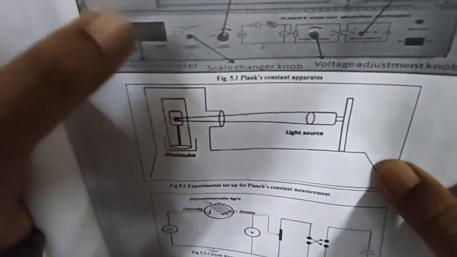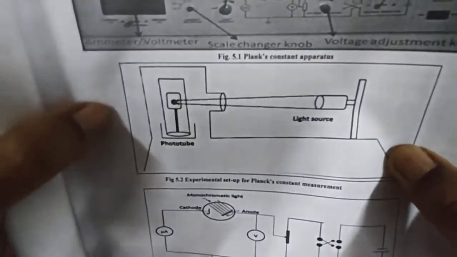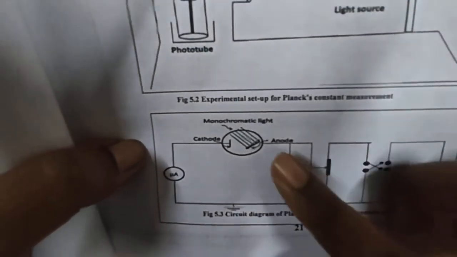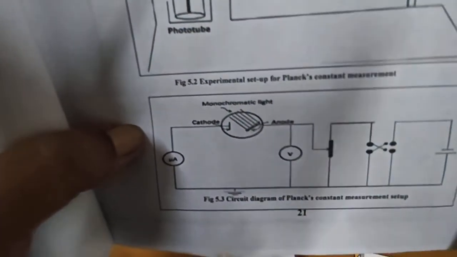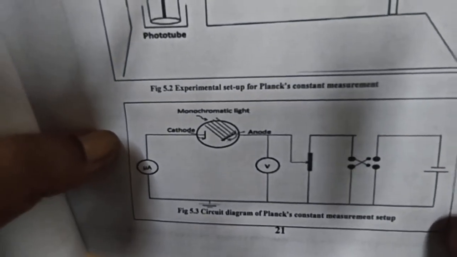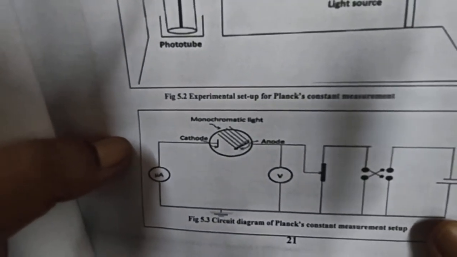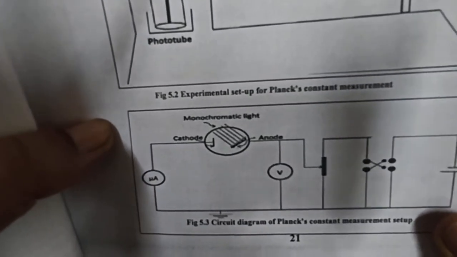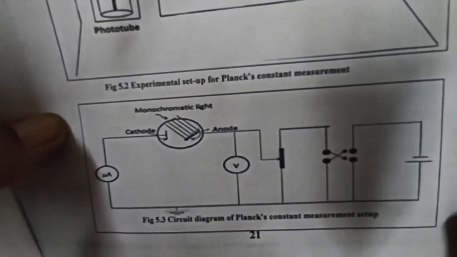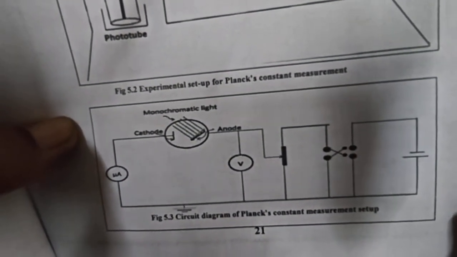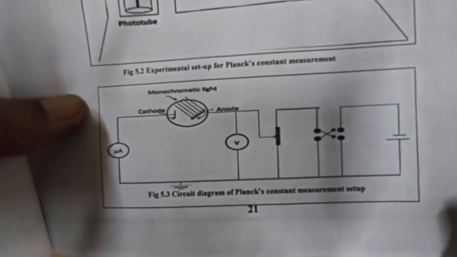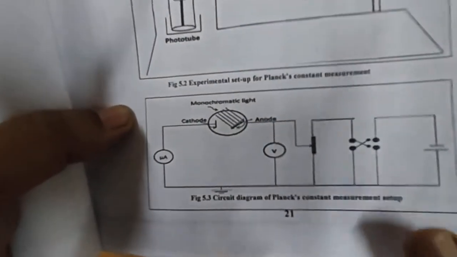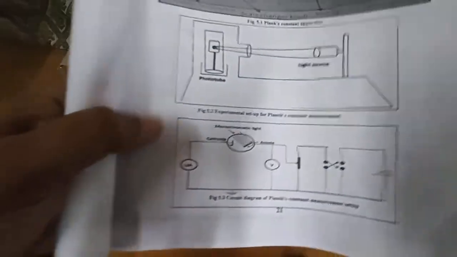It is falling into the photocell, as a result of which when light falls on the photocell, current will be produced, and that current will flow in the outer circuit, and when we apply some negative voltage to stop that photocell current, then we can measure the stopping potential.